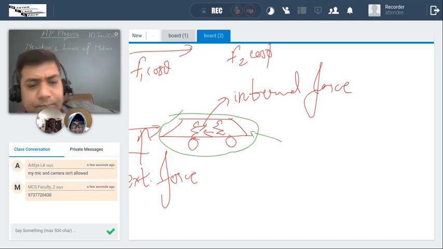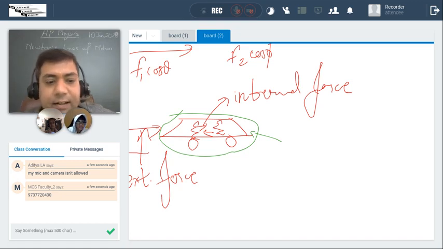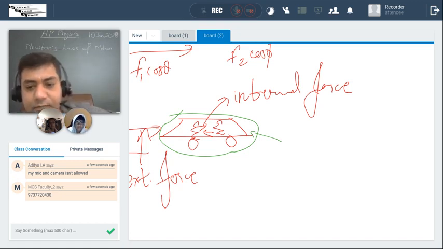Please try. Consider that the body is moving to the right-hand side with an acceleration. Come on, guys. This is a body of mass m.